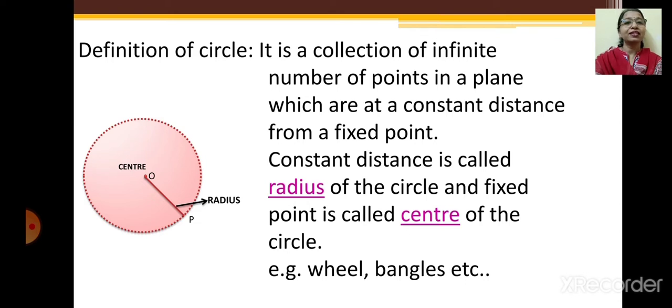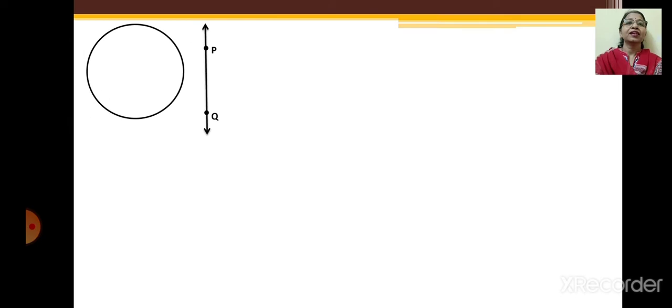That constant distance is called the radius of the circle, and that fixed point is called the center of the circle. And there are various examples around us like wheels, bangles, etc. So here in the diagram, point O is the center and distance OP denotes the radius of the circle.